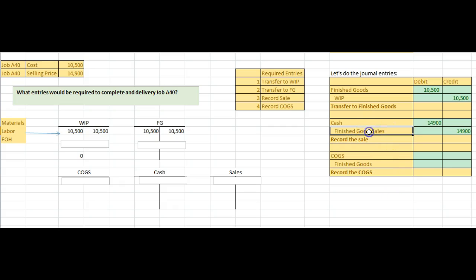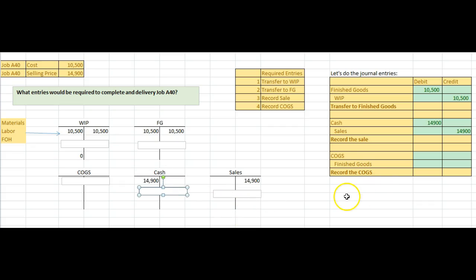And let's see if I can mess it up anymore for you. So now we have cash receiving 14,900 and sales increasing by 14,900. So there's the increase in sales and there's the increase in cash.